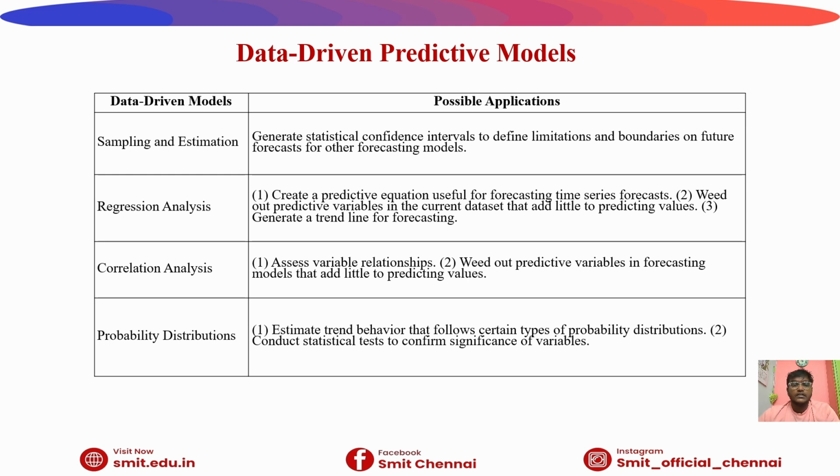Then regression analysis creates a predictive equation useful for forecasting time series, weeds out predictive variables in the current data set that add little to prediction values, and generates a trend line for forecasting.